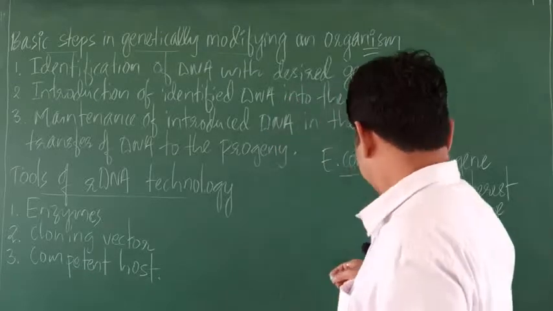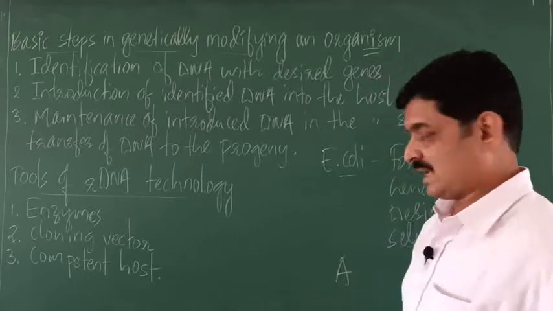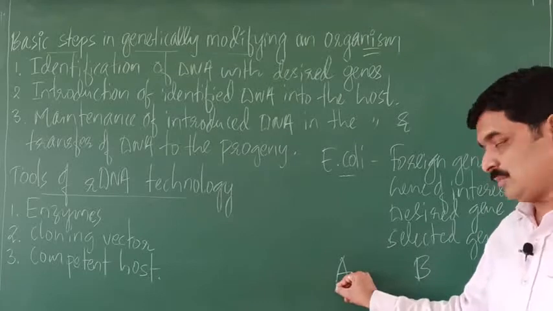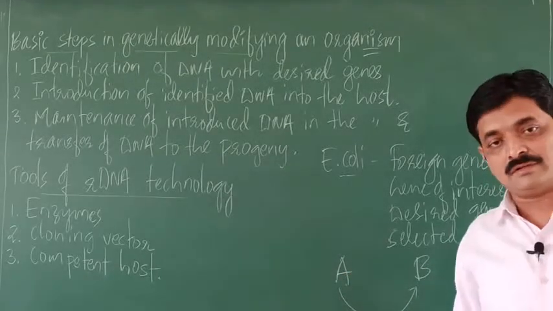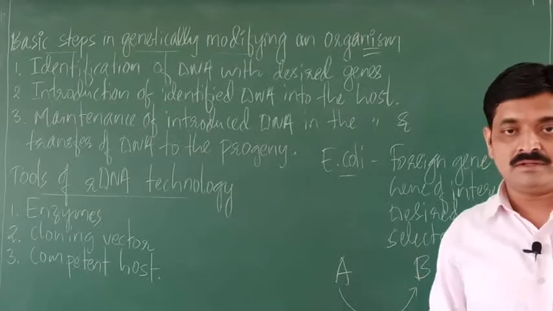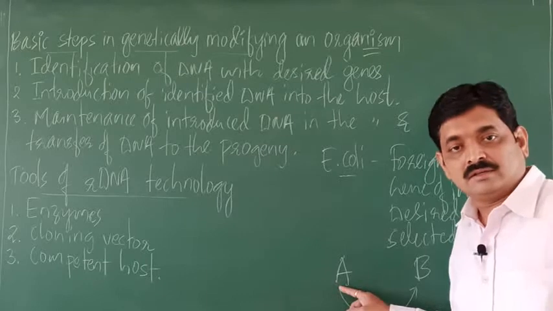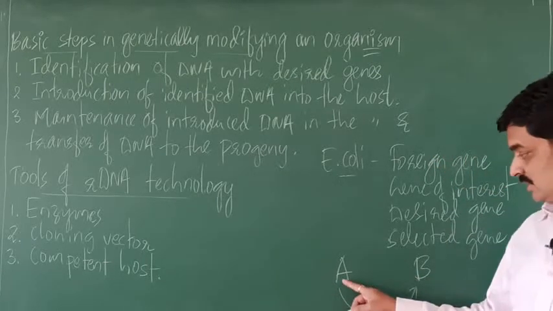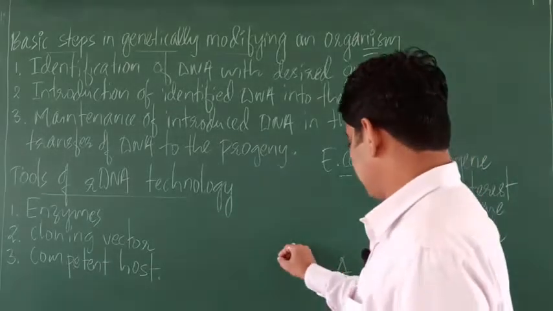Now for example, consider organism A and organism B. The gene from organism A is transferred to organism B. So this A can be called the selected organism.